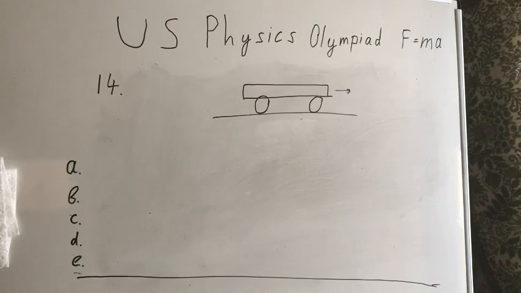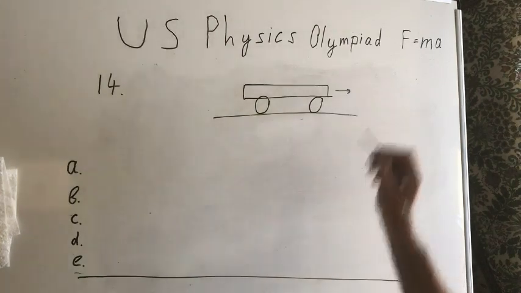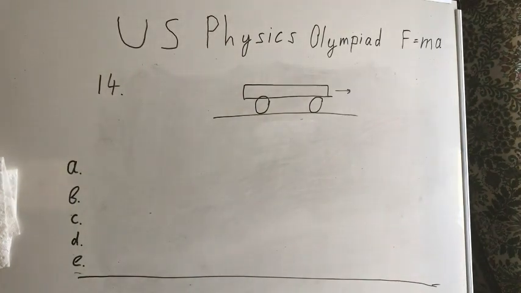Problem number 14. When the speed of a rear drive car is increasing on a horizontal road, the direction of the frictional force on the tires is what? So we have a car, and this car is moving to the right with increasing speed.